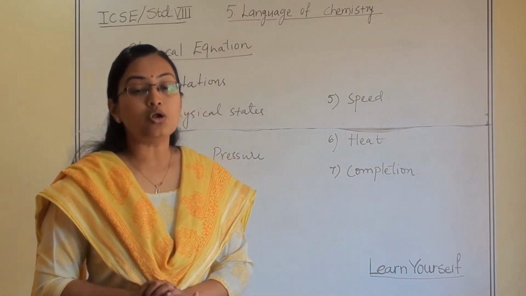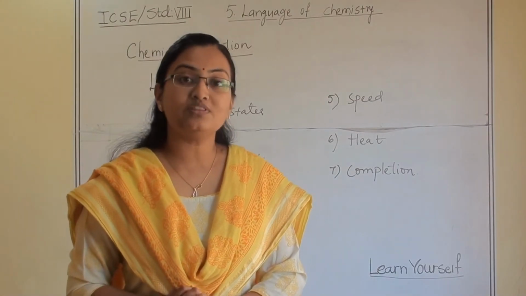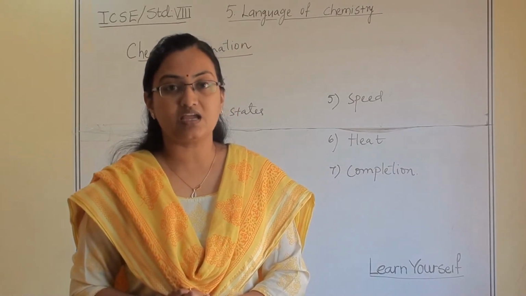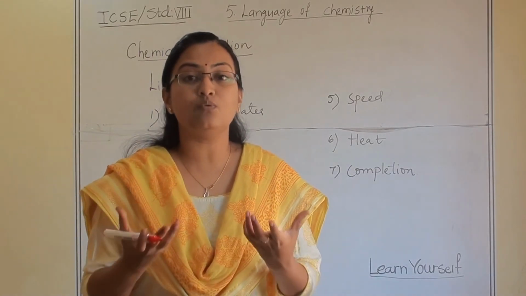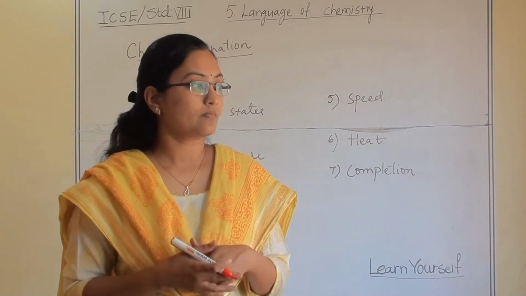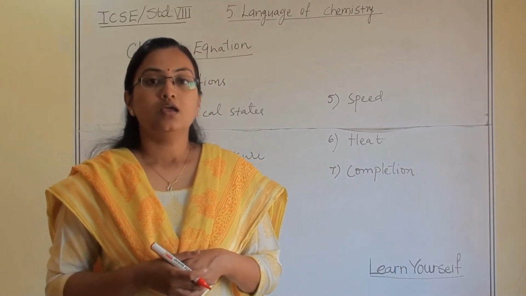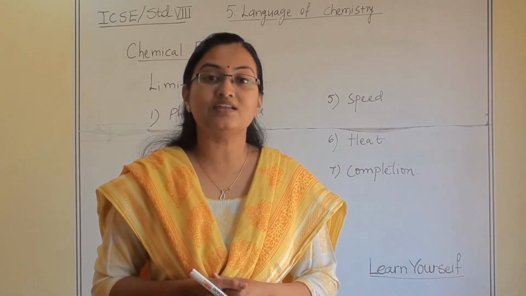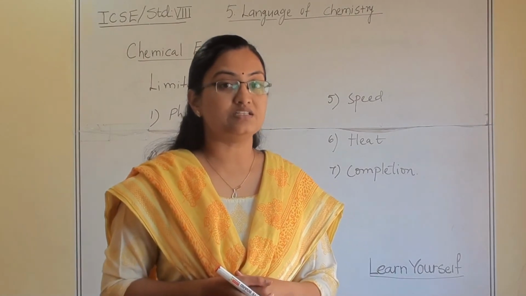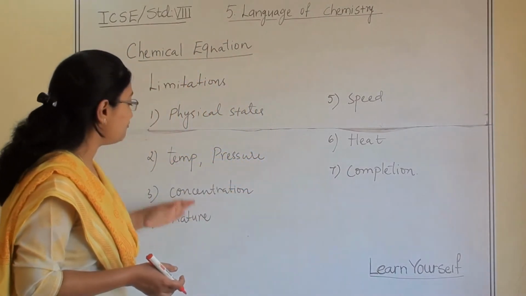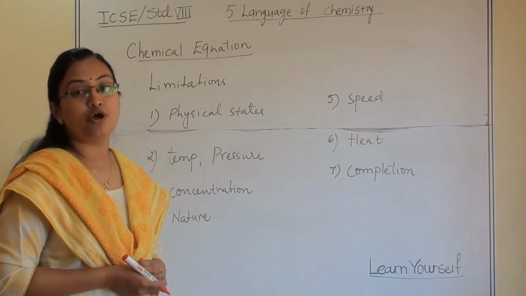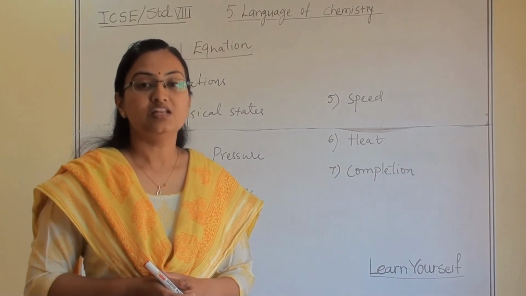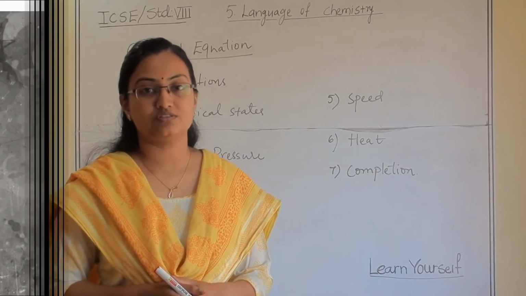By seeing a molecular equation, we do not know when the reaction will complete, how much time it will take, and what the observations are for that particular reaction when it is completed. These specific things we do not know from a written molecular equation. So these are termed as limitations of chemical equations.